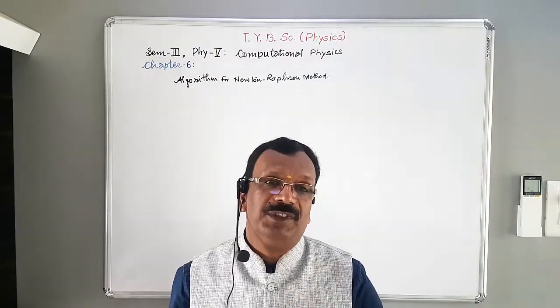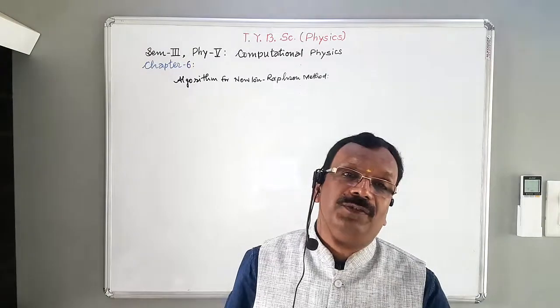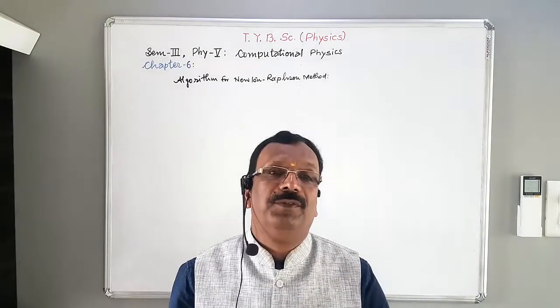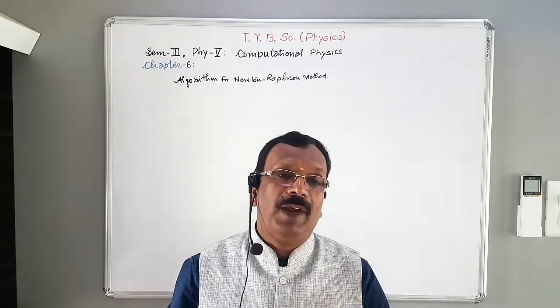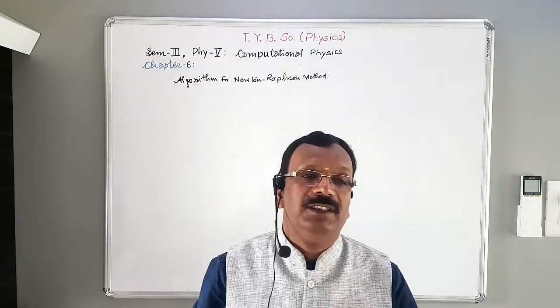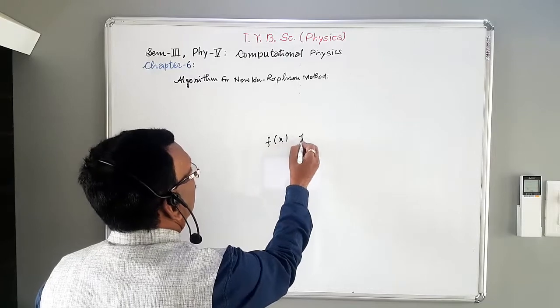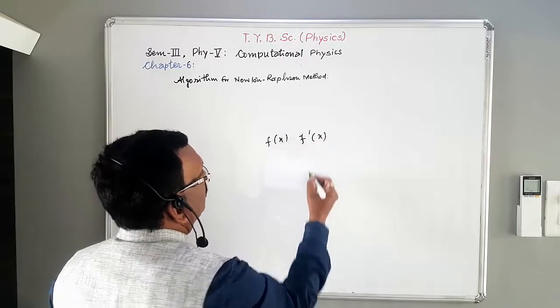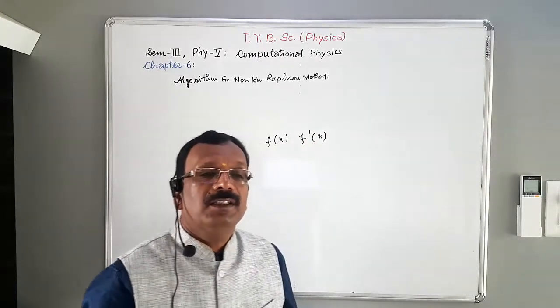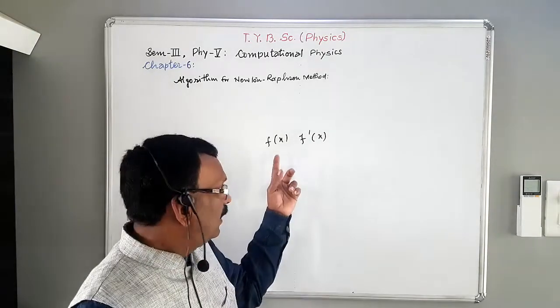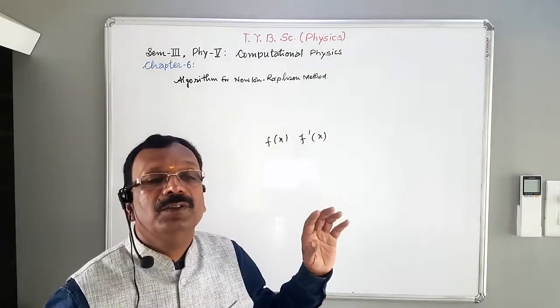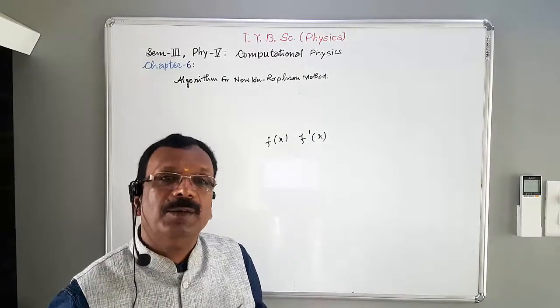There are two assumptions we should keep in mind when we develop the algorithm. First assumption: the function f of x and its first order derivative are predefined to the compiler.